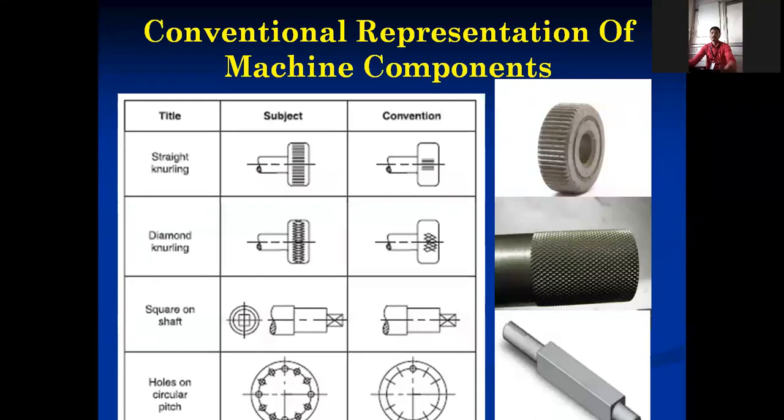We have seen knurling. BIS convention means how something is shown in the machine drawing, how the symbols are shown. It is as simple as this. I gave the example of basic civil engineering: how a narrow bridge is shown.